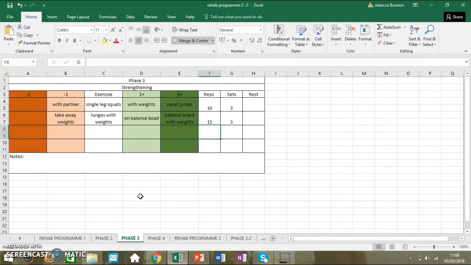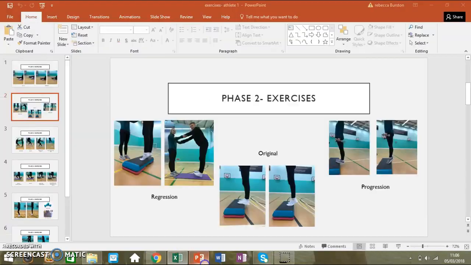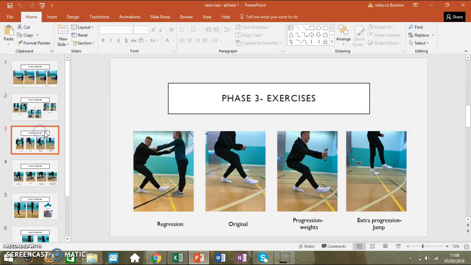It is also good for the athlete's balance. So going on to here, we can see that the original is just them doing it by themselves, and then a regression is if the athlete is finding it too hard, he can have someone holding him to ensure that he is balancing okay.